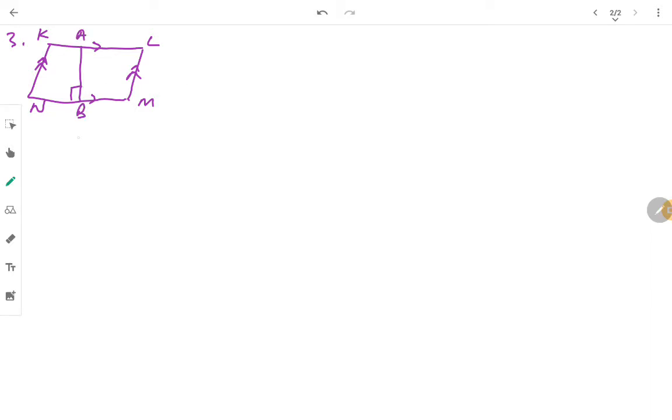Then AB is given as 13, NM is given as 14. Therefore, the area of this will be the base, which is 14 times 13. That will be the area.